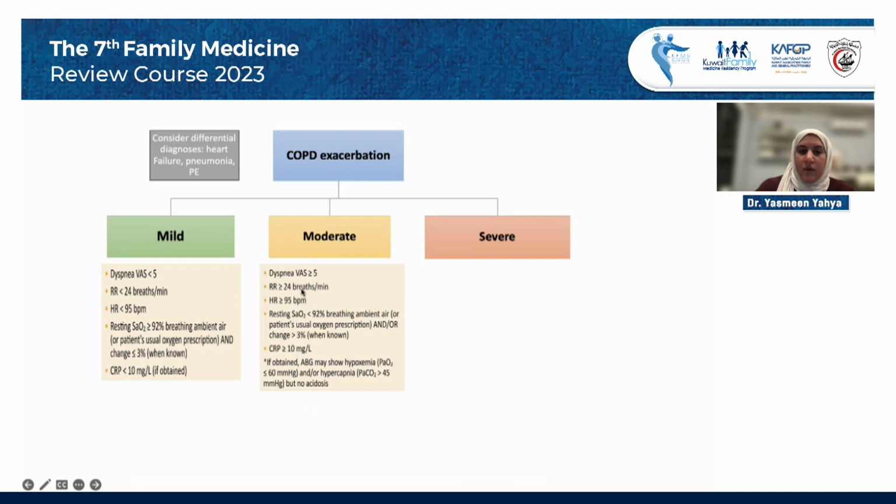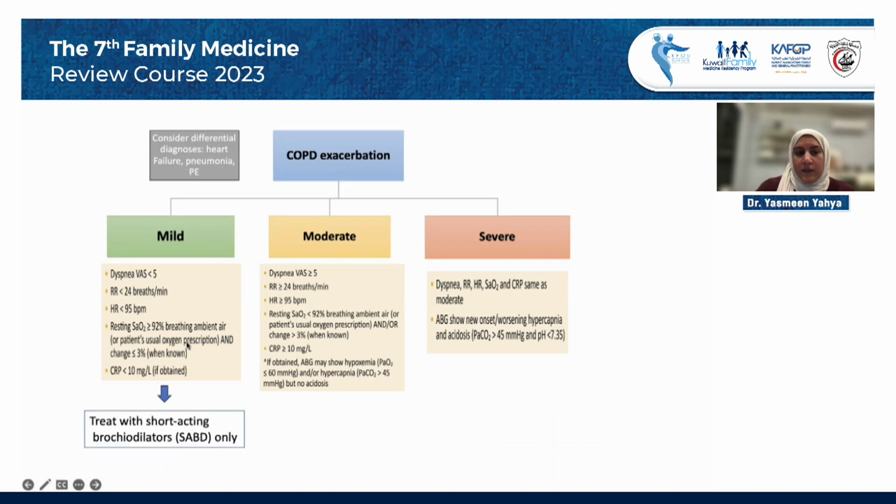If he's dyspneic or the respiratory rate is above 24 or the heart rate is above 95 and the SpO2 is below 92%, then this is a moderate exacerbation. And you can see that in the severe, the parameters are exactly the same as moderate, and the only difference is the ABG finding. That's why it would be very difficult for you in primary care to differentiate between a moderate and severe exacerbation.